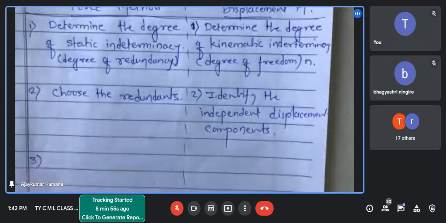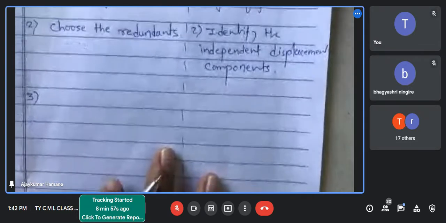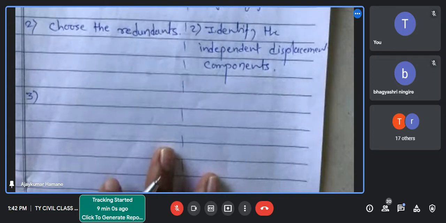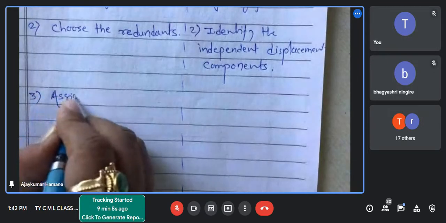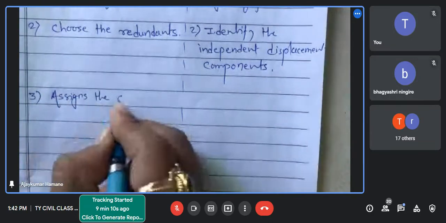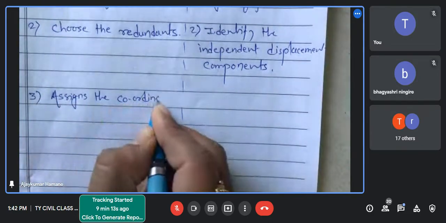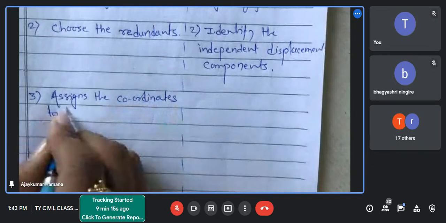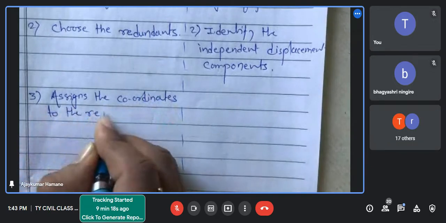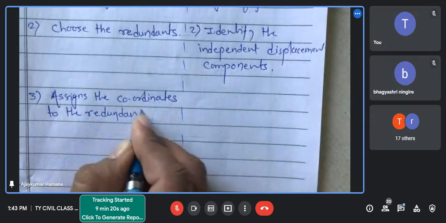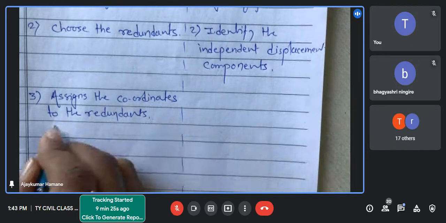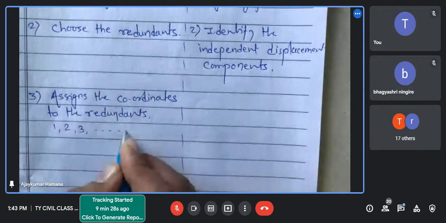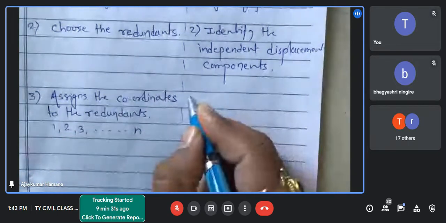Third step. In the flexibility method, assign the coordinates 1, 2, 3 to the redundants, as many as the number of redundants.